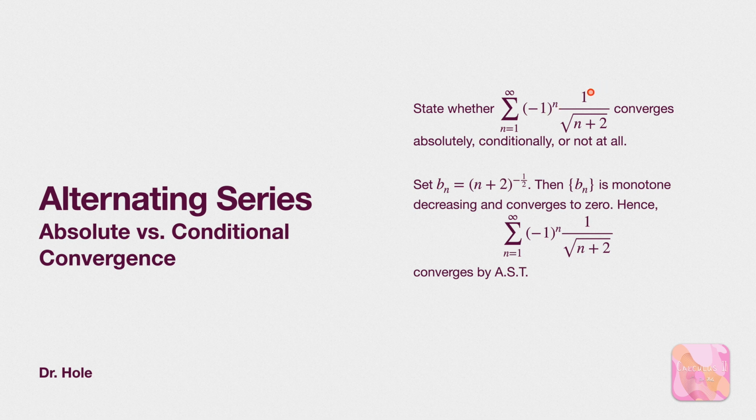To employ the alternating series test, we want to break off the non-negative portion, Bn. Then the Bn needs to satisfy two conditions. It needs to be monotone decreasing, and the Bn's need to converge to 0. Both of these conditions are met. Hence, the series converges by AST.